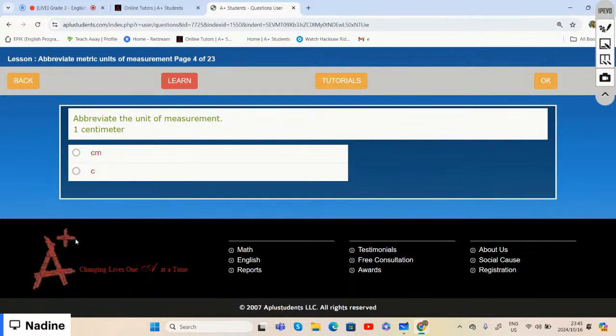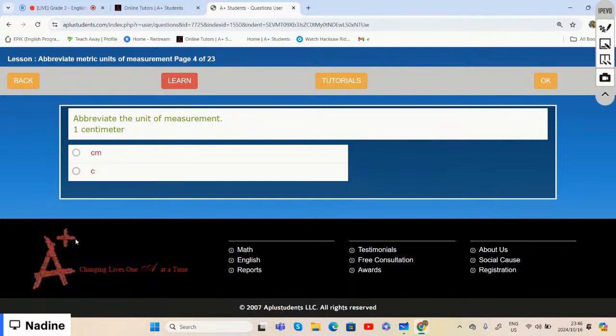1 centimeter. Is it option 1 cm for centimeter or C for centimeter? Option 1 or option 2 for centimeters. And then we're done. Centimeter.